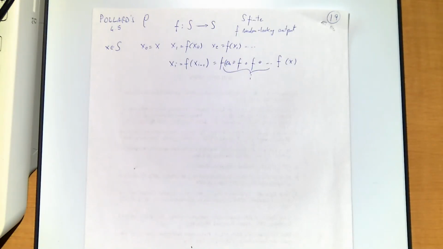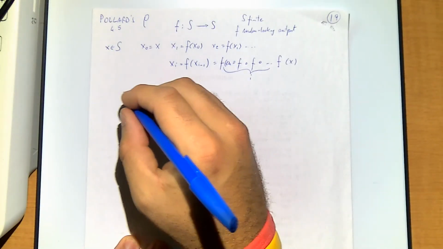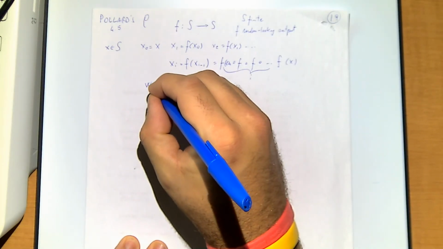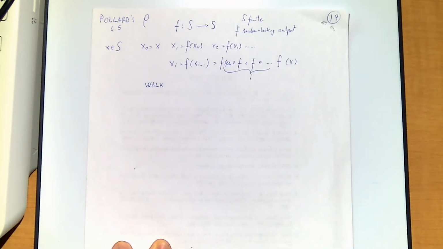So what I'm doing is taking the main ingredient, which is a function that scrambles up the elements of the set nicely, and then I apply it, starting from a starting point, over and over again, and every time I apply f, I get a random-looking element. So I do what is known as, in fact, there are two key components. The first one is a walk, because I'm walking on the elements of the set.